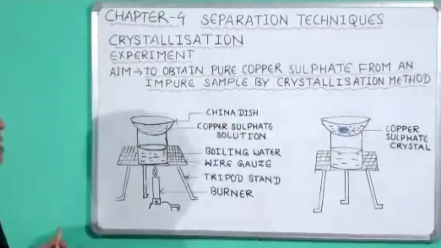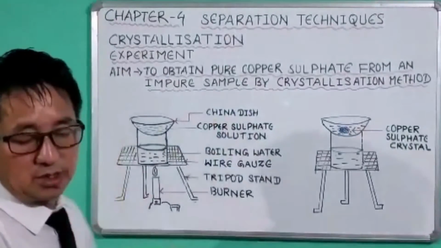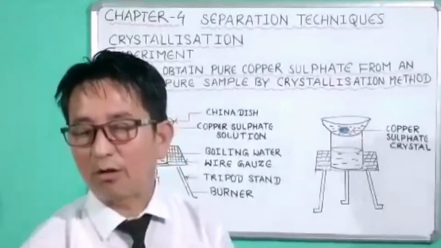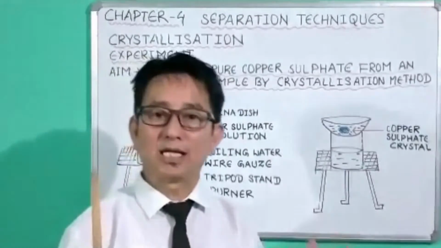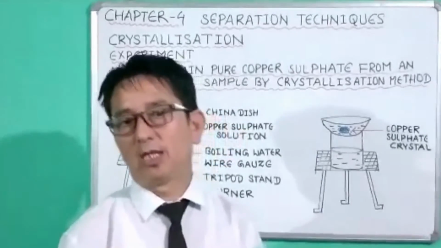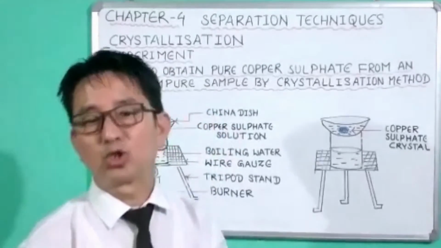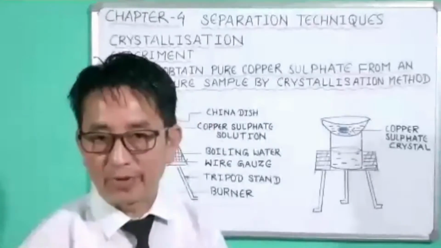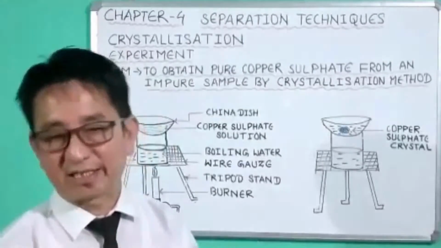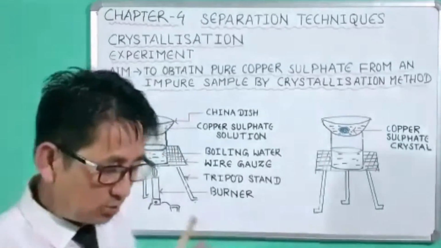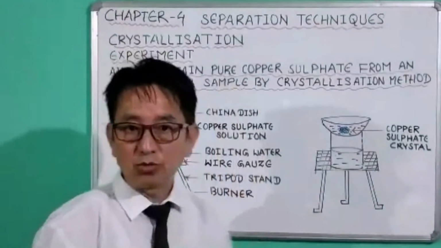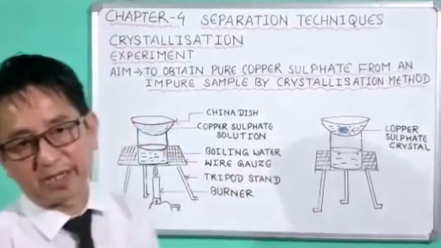Now here crystallization is usually used for the purification of organic as well as inorganic compounds like urea, sugar, sodium chloride, ferrous sulfate, potassium, etc. And I would like to explain the process of crystallization through a simple experiment.